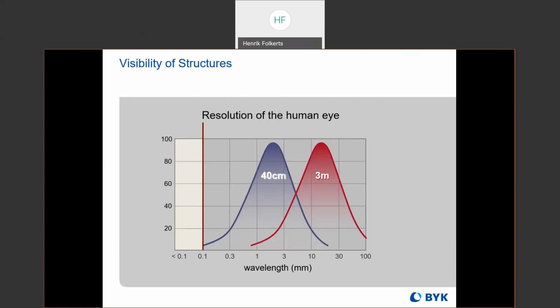So at 40 centimeters close up, we can best resolve structures about 2 millimeters in size. And when we step back to 3 meters, the resolution of our eye can optimally pick out those structures somewhere between about 15 and 20 millimeters.